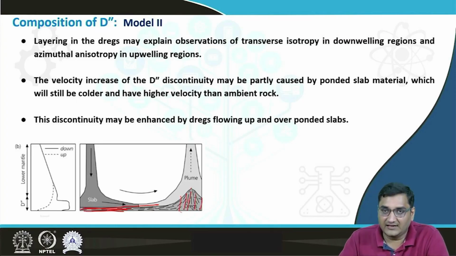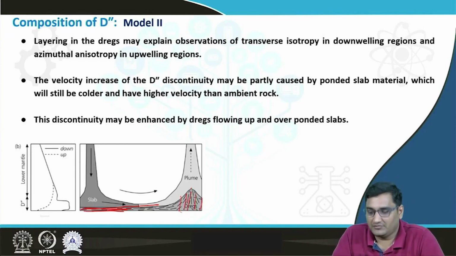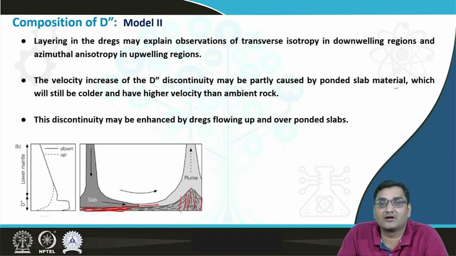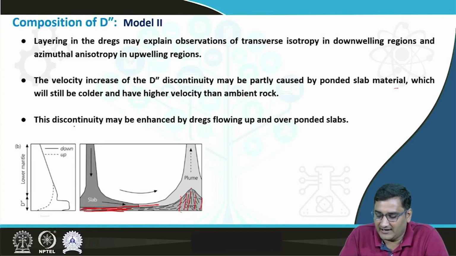The velocity increase of the D double prime discontinuity may be partly caused by the ponded slab material, which will still be colder and have higher velocity than the ambient rock. This discontinuity may be enhanced by drags flowing up.